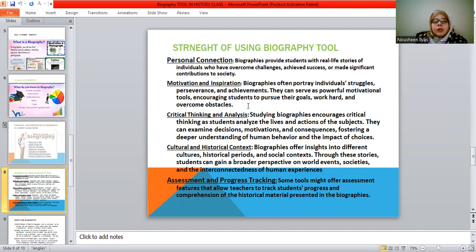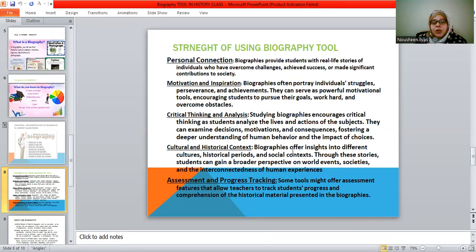Because unfortunately, if you do the survey, there are so many students who are not critical thinkers, who only copy paste. They don't focus on research. They just use the tools which are easy for them, and they just submit the assignment. So it creates critical thinking.